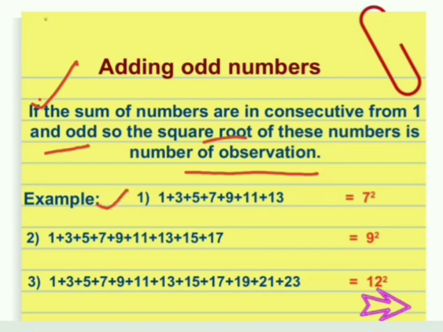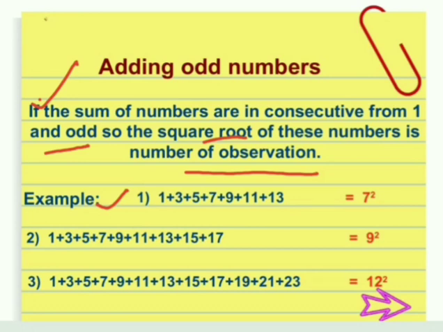See the first example. In this example, we need to find the sum of 1 plus 3 plus 5 plus 7 plus 9 plus 11 plus 13. See, we have all consecutive odd numbers starting from 1. So its sum will be equal to the square of the number of observations.